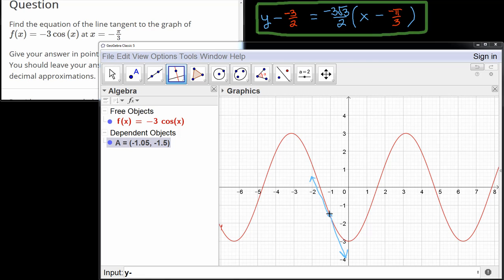The coordinates of this point, as you can see, this point is in the third quadrant. So both the x-coordinate and the y-coordinate should be negative. So, I don't know if I made that mistake earlier in the video. If I did, I will call it out when I edit the video, but it should be a negative.